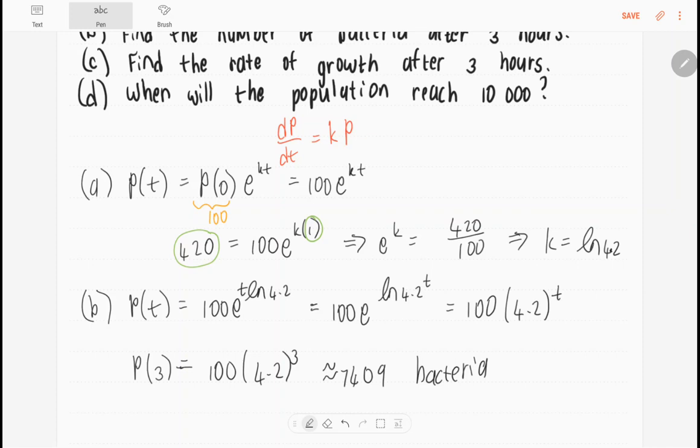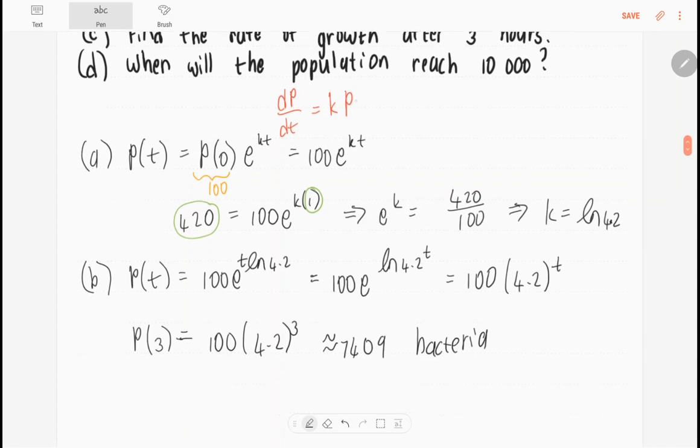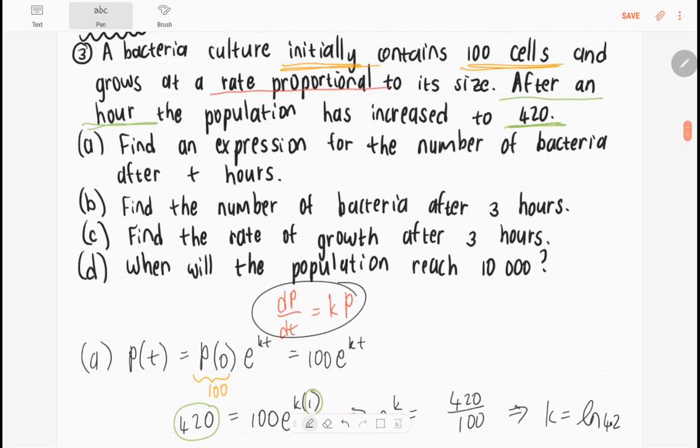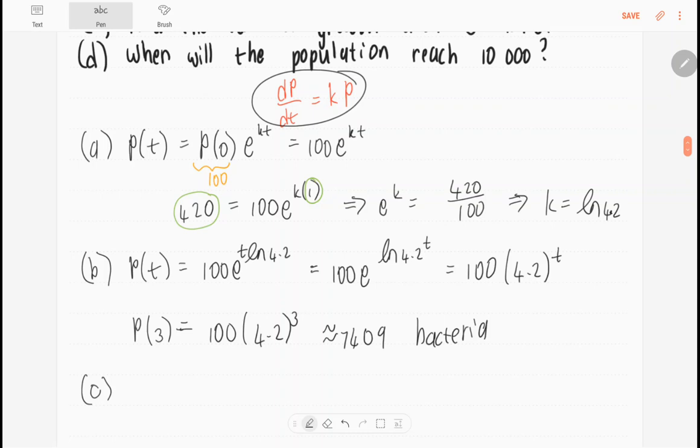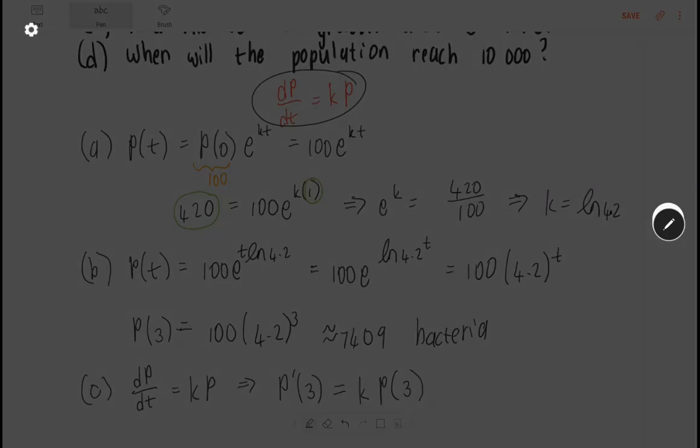So in other words, we said in the beginning that since the rate is proportional to its size, its growth rate is dP/dt equals k multiplied by P. That means the derivative of P after 3 hours has to be k multiplied by the population at time 3.